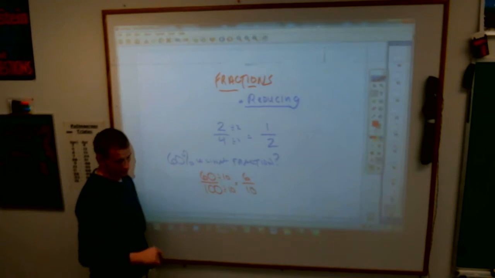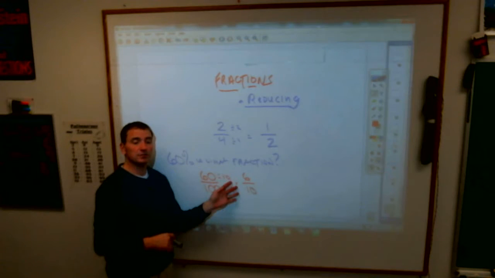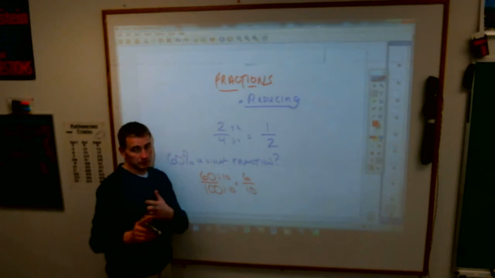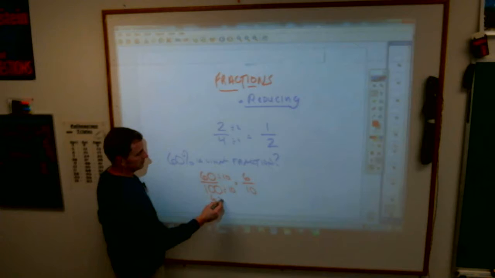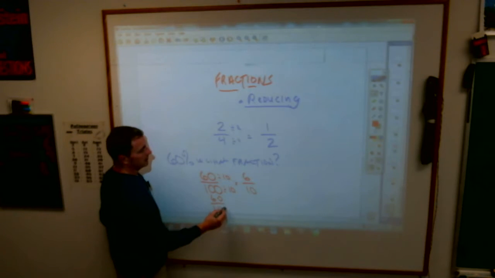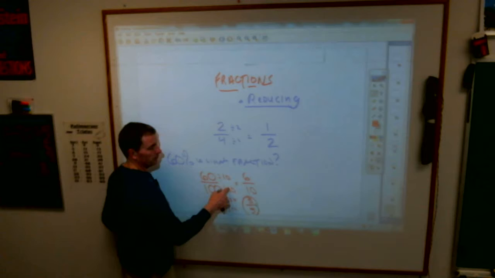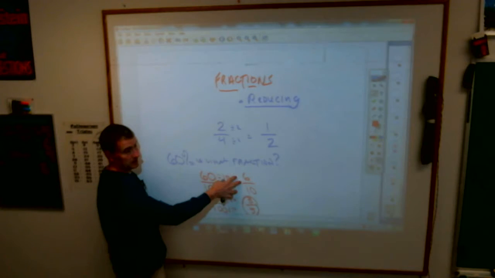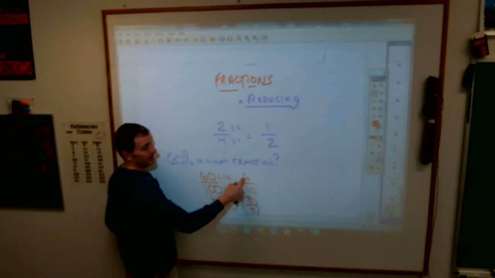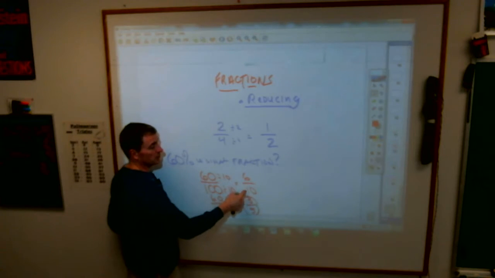But the problem is, 6 over 10 can still be reduced. Now, Jacob kind of took what the book was going at here. 20 is the biggest number that you can reduce it by, and you'll end up with 3 over 5, which can't be reduced. But if you pick 10, which you can do to get 6 tenths, then you have to recognize that this one still is not in what we call its simplest terms, not reduced all the way.